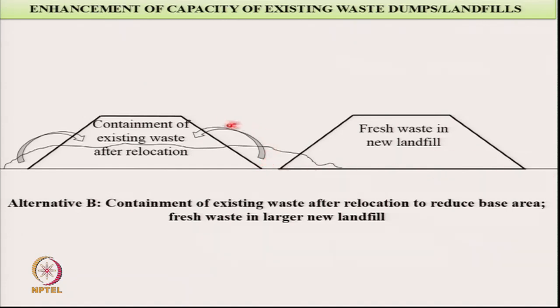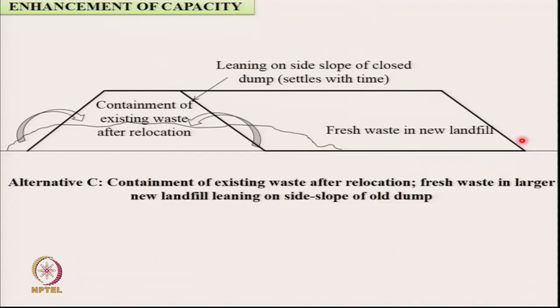I pick up this waste, put it on top, and close it as per the 7 alternatives that I have. That is a capped landfill. Now I have a larger landfill which emerges. So this is good. This is better than alternative A, right? But still I am not using the full space. I want to use the full space. Let's look at 3.